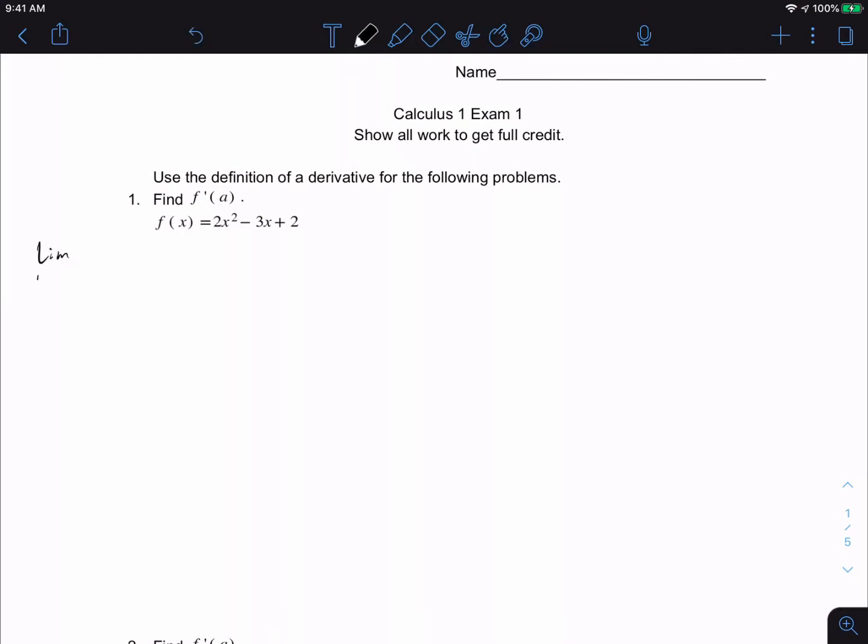So it'll be the limit as h goes to 0 of f(a plus h) minus f(a) all over h. Does that make sense to everyone?